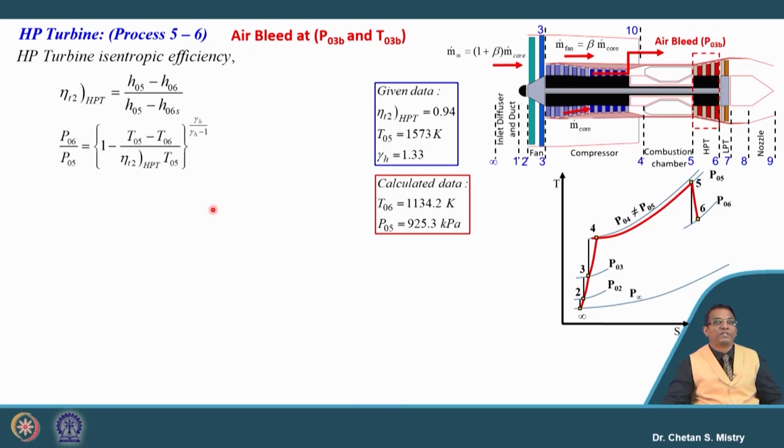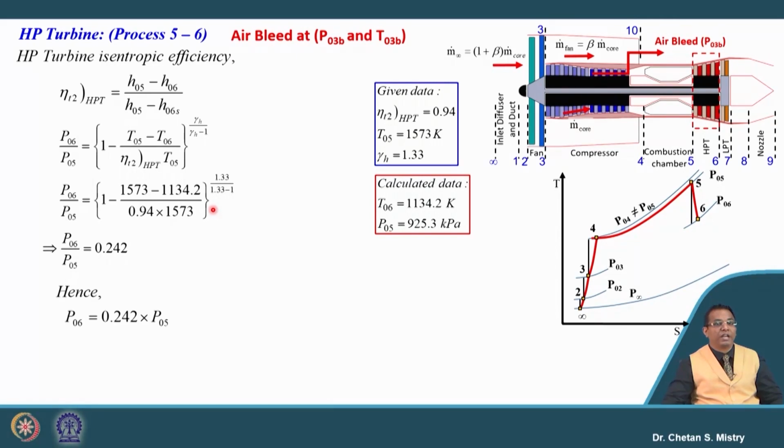This turbine efficiency can be correlated with our expansion ratio, or pressure ratio, P06 by P05. This efficiency is given as 94%. Temperature values are known to us. If we put these numbers, we will get the exit pressure in the range of 2 to 3.9 kilopascal.